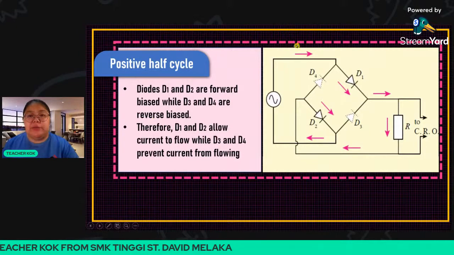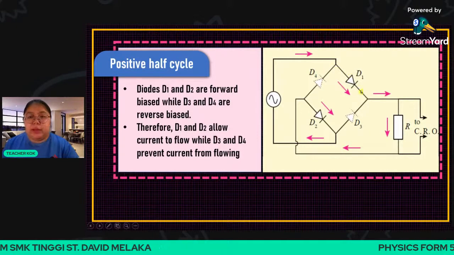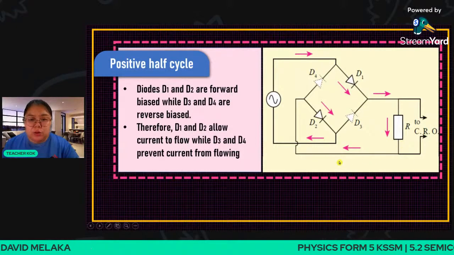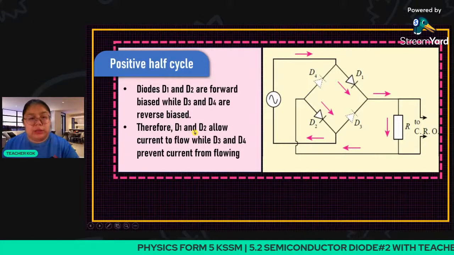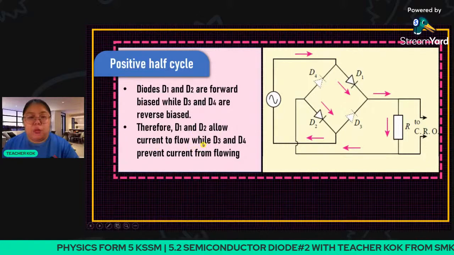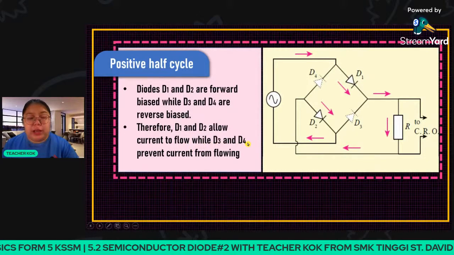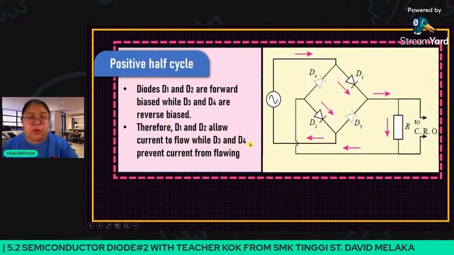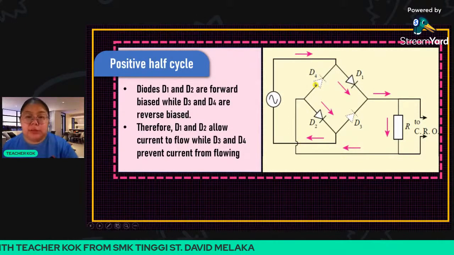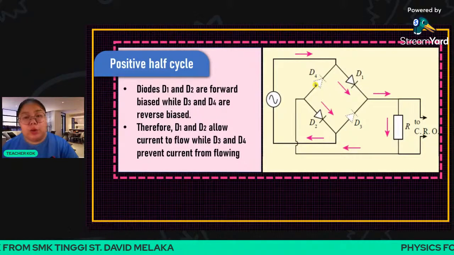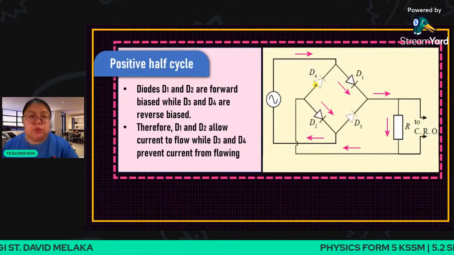So from here, starting from D1, then go to the R, then go up again, then go to D2 and go back. Therefore, D1 and D2 allow the current flow, while D3 and D4 prevent the current flow. So for the first positive half cycle, we reject D4 and D3 and only use D1 and D2.